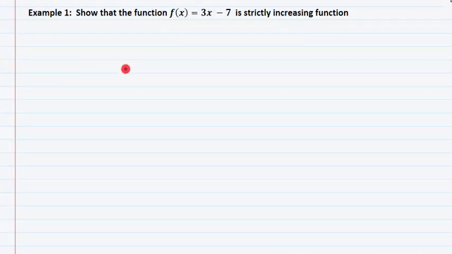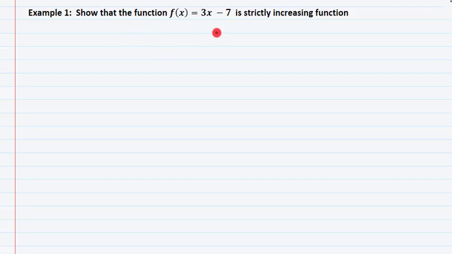In this chapter, we will come across two types of problems. One is without derivative to find whether the function is increasing or decreasing, and another, the important method, is by using derivatives to show that the function is increasing or decreasing. So first of all, I am going to explain the method without derivative.